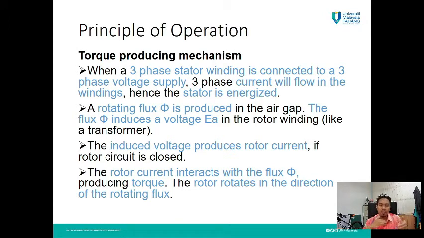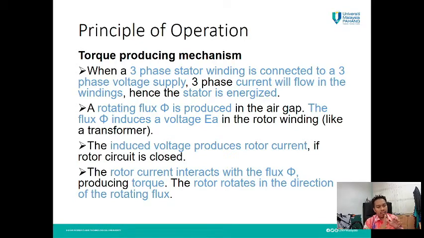The answer is the torque producing mechanism. Let's say we have a three-phase stator winding connected to the three-phase supply. So three-phase current will flow in the winding, then the stator is energized and it will produce the rotating magnetic field, which is equal to the synchronous speed Ns.